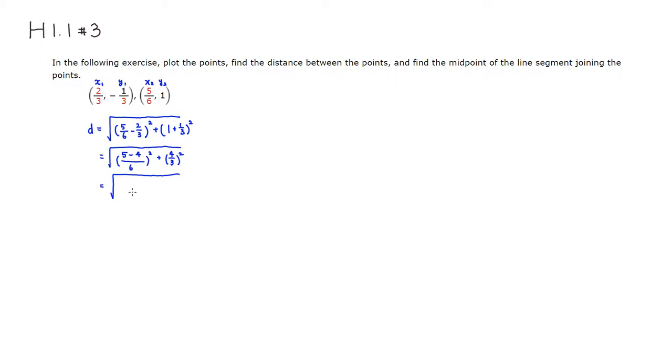Then we have to take the square root of: 6 squared is 36, and 5 minus 4 is 1, squared is 1, so 1 over 36. Plus, 3 squared is 9 and 4 squared is 16. Again we take the common denominator. 36 is the common denominator, so we keep the 1 here.